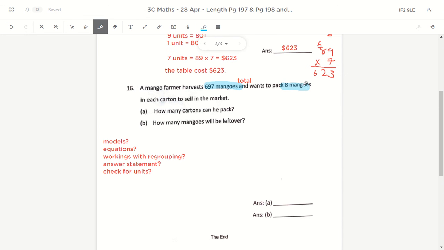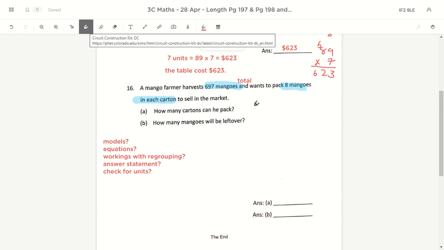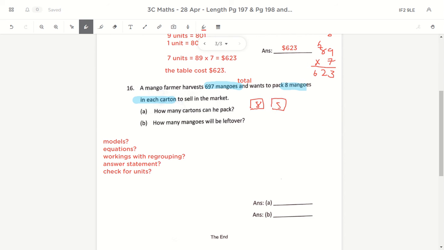I want to pack 8 mangoes in one carton, meaning what? Let's draw a simple diagram. Carton means box anyway. One box there is 8, one box there is 8, and so on and so forth. There are a lot of boxes of 8, we don't know how many. What they're asking you is how many boxes and how many left over.